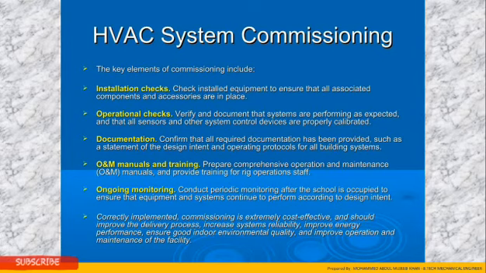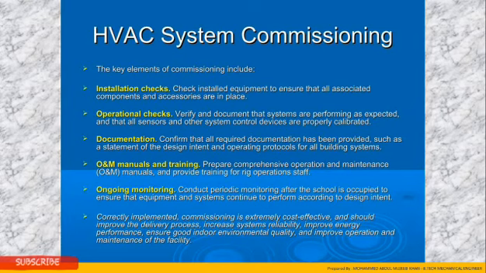Operational check verifies and documents that systems are performing as expected and that all sensors and other system control devices are properly calibrated. Documentation confirms that all required documentation has been provided, such as a statement of design intent and operating protocol for all building systems.